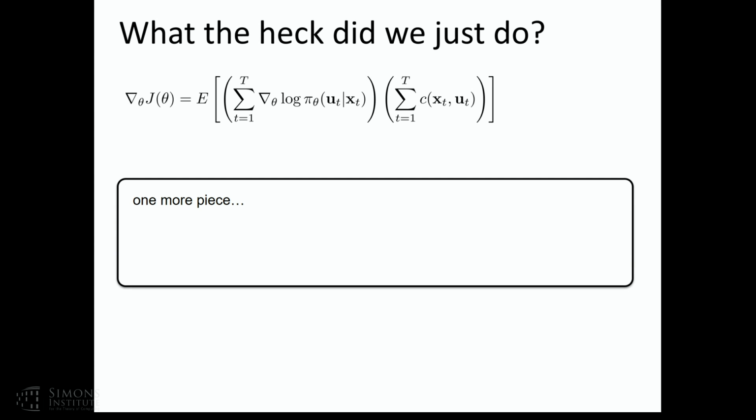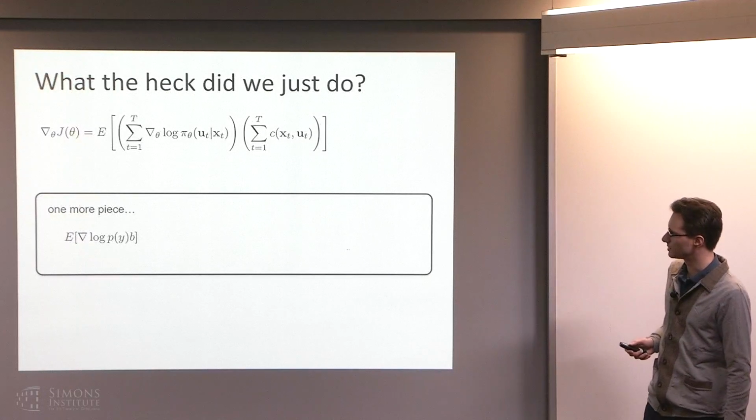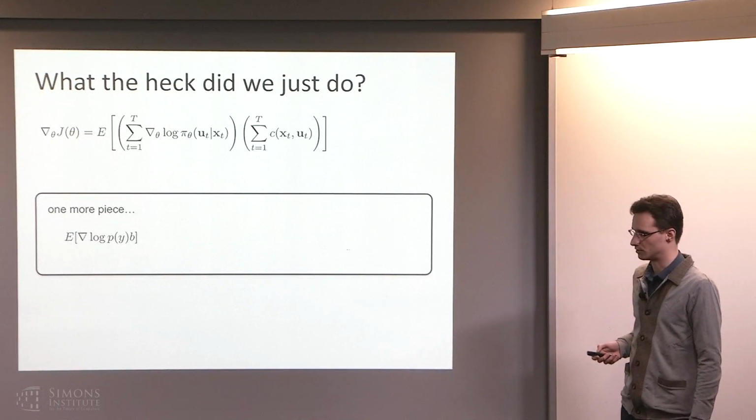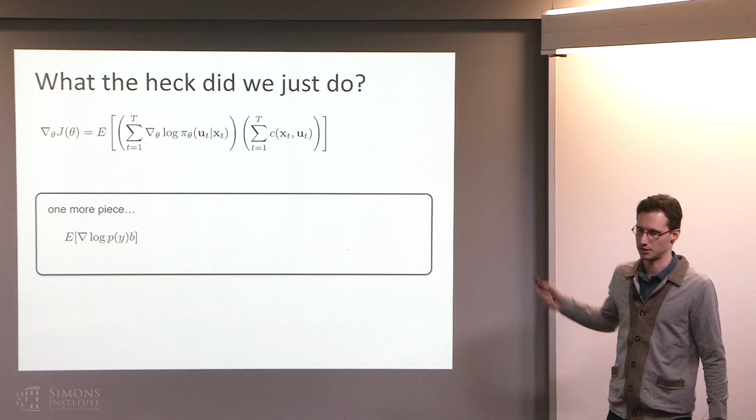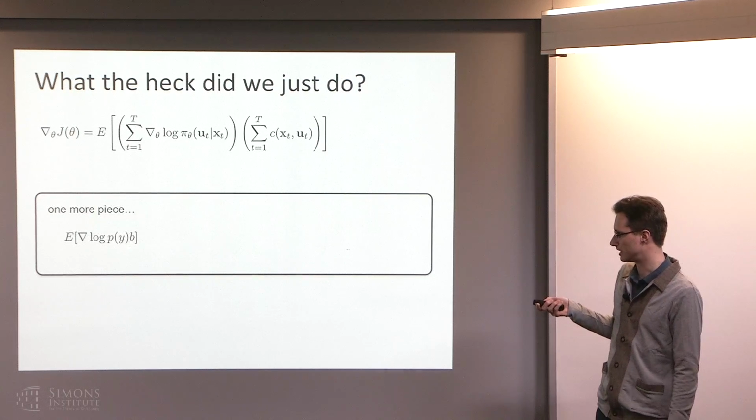There is one more piece that is really important to make this work well. It's not quite obvious why it's important from the way I wrote it, but here's that piece. It's called a baseline. Before I tell you how the baseline is incorporated, let me prove a little identity for you.